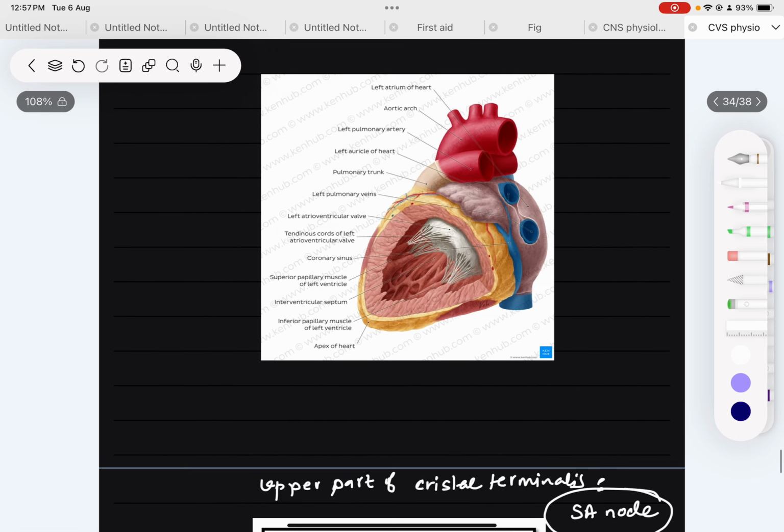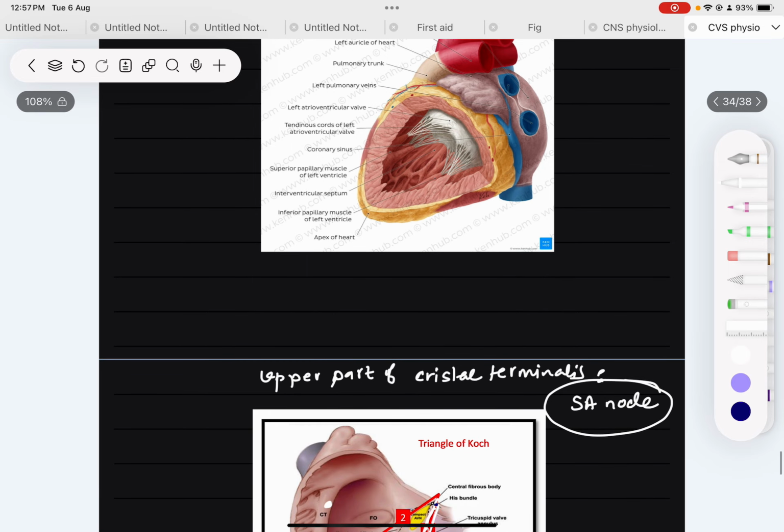Now about the right ventricle. In right ventricle we have to remember three things mainly: muscles, ridge, bridge and pillar.